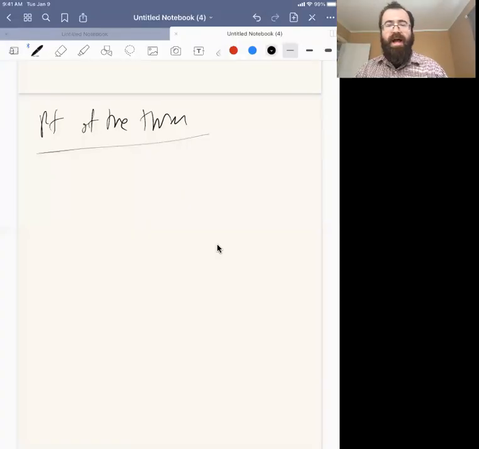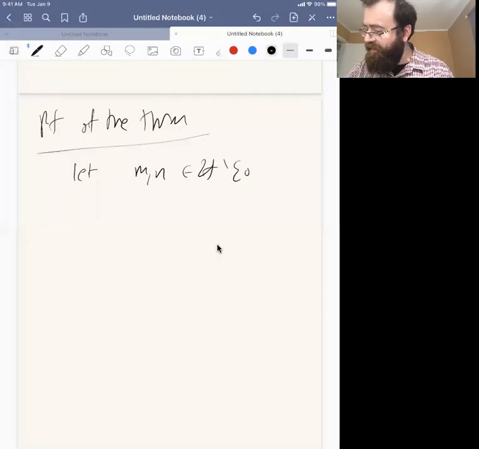Let's suppose that you have two non-zero numbers m and n. So let m, n in Z minus 0 be fixed. And now what we're going to do is consider a certain set of natural numbers.